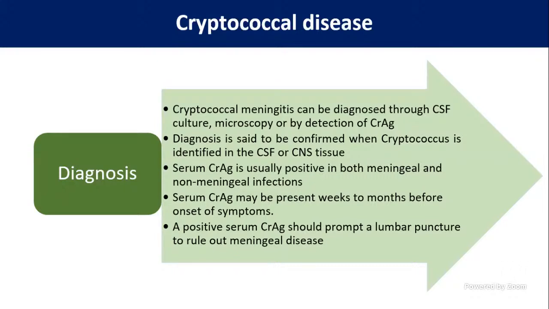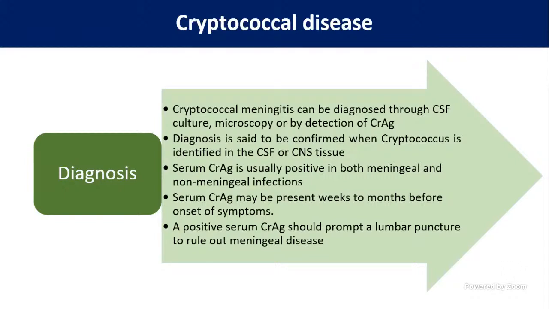These are the modalities where we could see the organism or see the immunological parameters of it. A diagnosis is said to be confirmed only when it is identified in the CSF or in the CNS tissues. We cannot say a case is confirmed with a serum CrAg test alone. Only with CSF do we say it is a confirmed case.